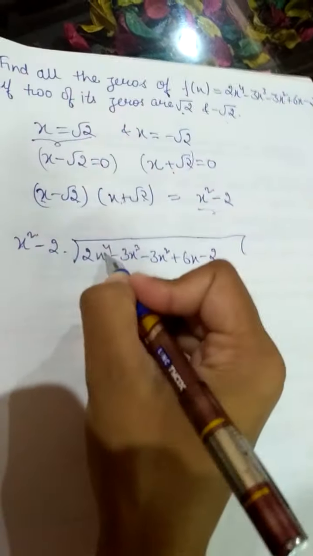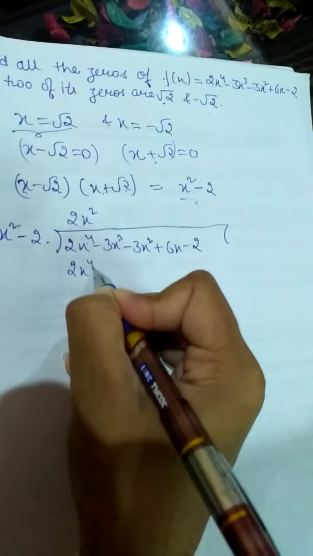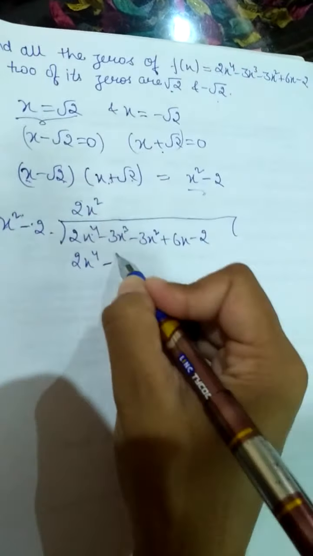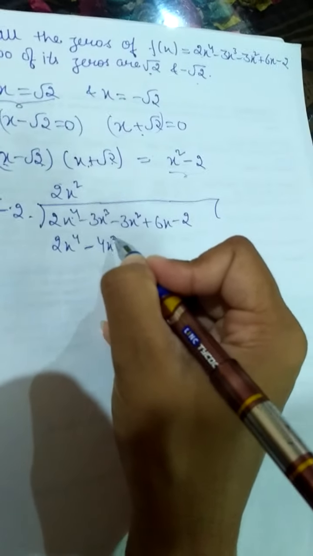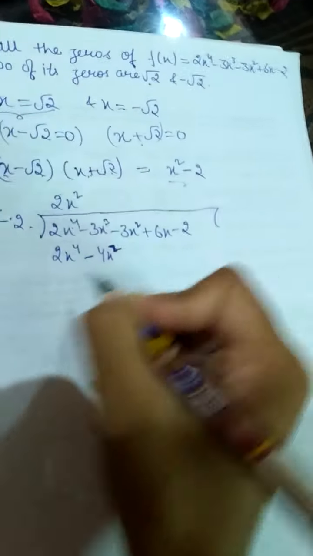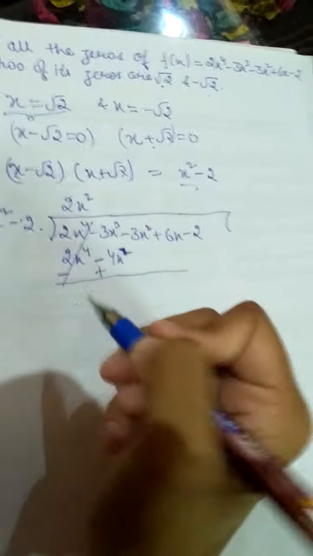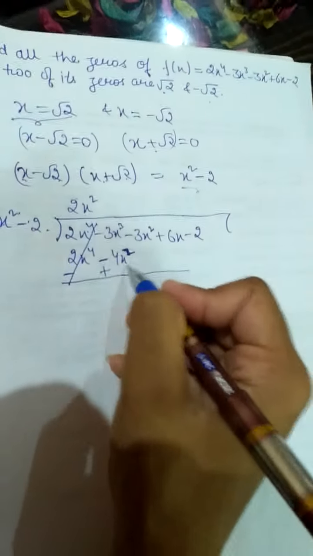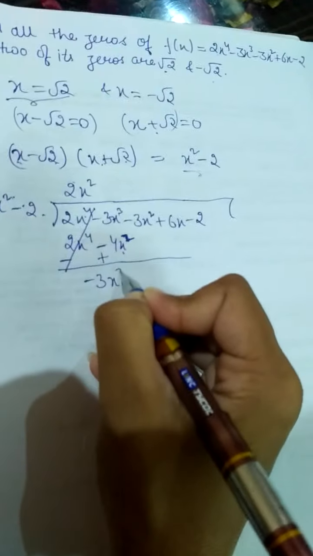This is x square, I need x to the power 4 and I need 2, so 2x square, I will get 2x to the power 4 minus 4x cube, 4x square, I will get 4x square. So now if I subtract it like this, I can't subtract x cube and x square, so I have to write x cube separately, that is minus 3x cube.